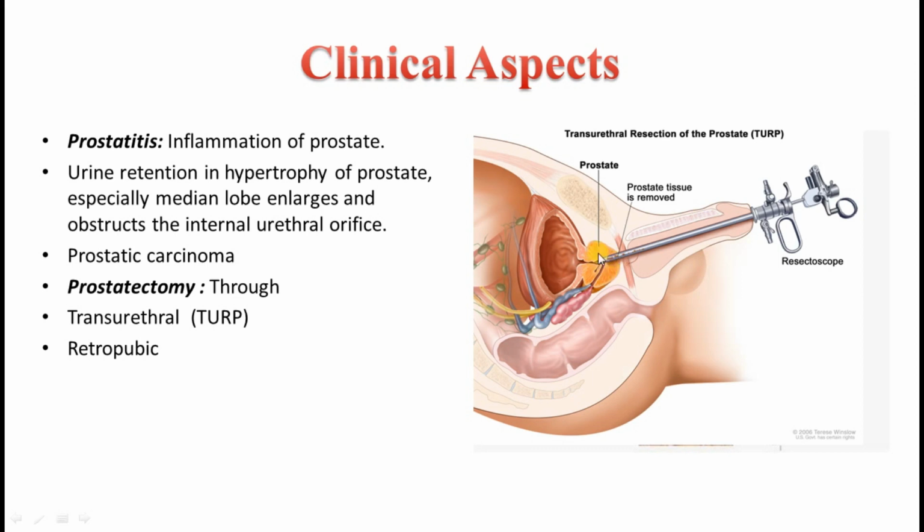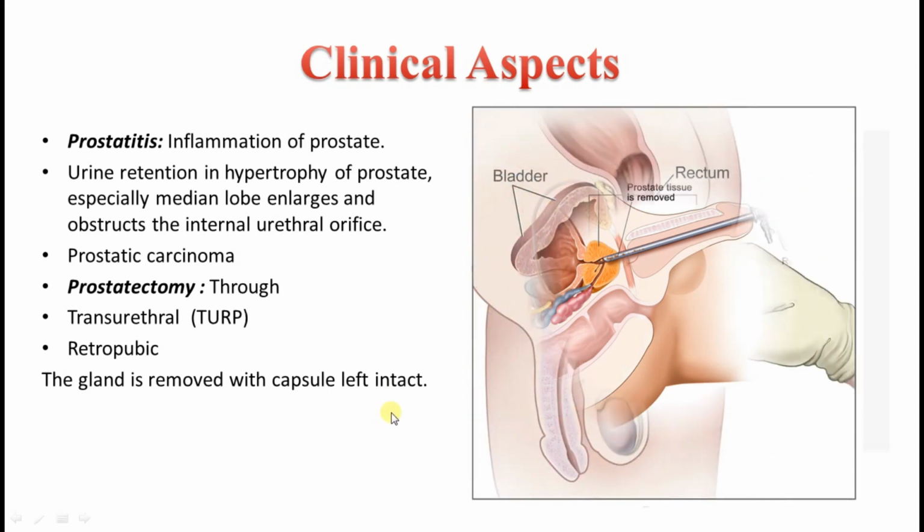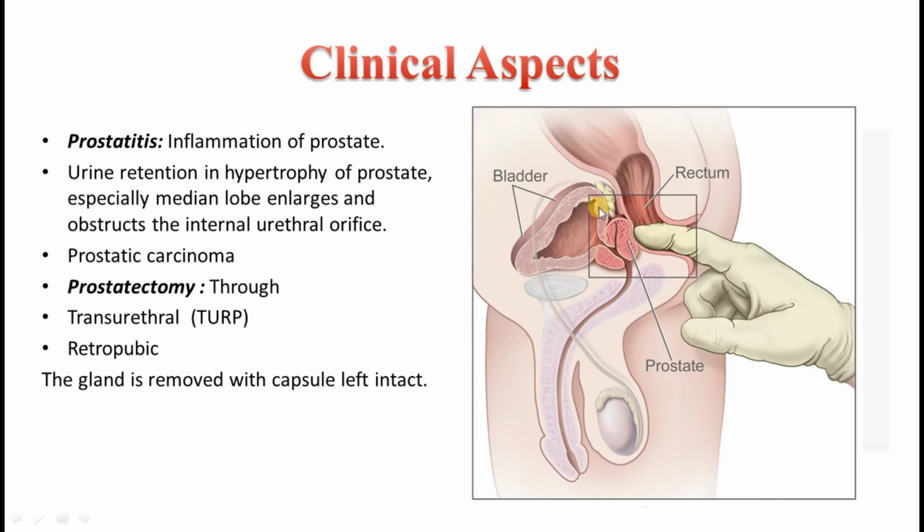Through this, the inner mucous and submucous part is removed. This part is present deep to the internal capsule in benign hypertrophy of the prostate. In total prostatectomy also, the gland is removed with the capsule left intact. This is per rectal examination in males.